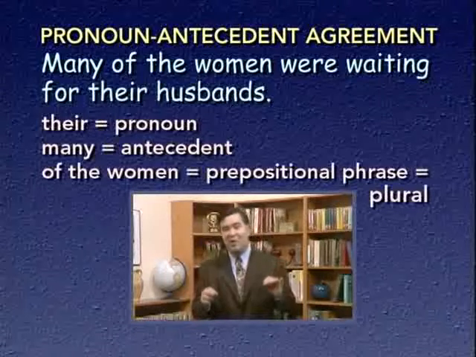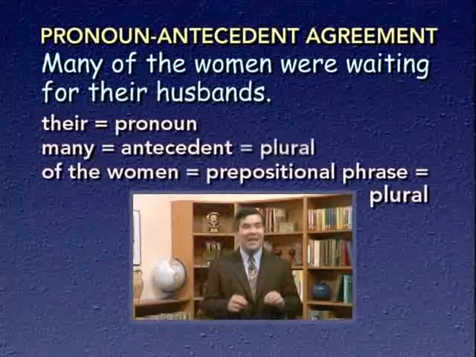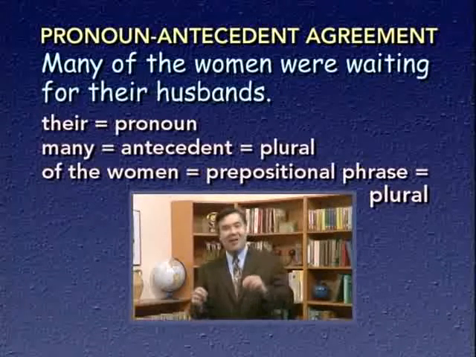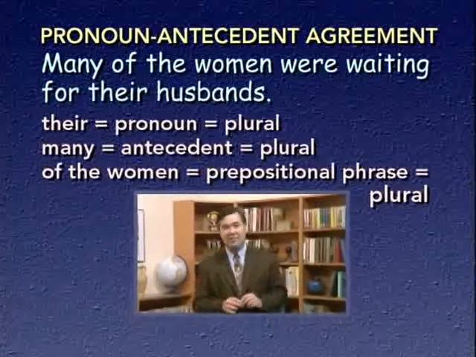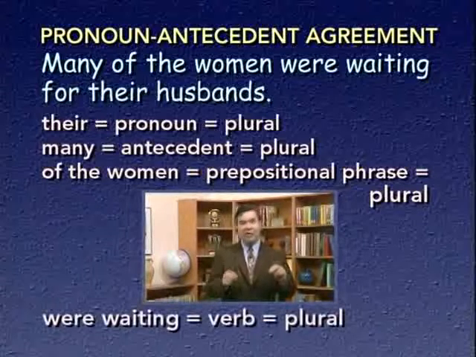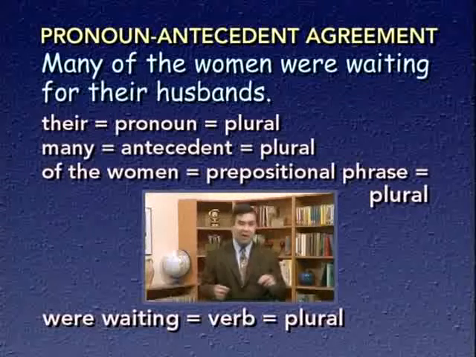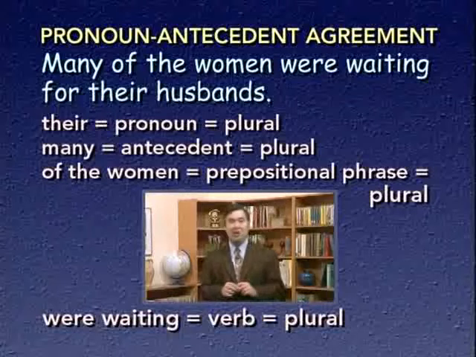Therefore, the SANAM pronoun many is also plural, and their, the pronoun that refers back to many, is also correct. Many is plural, the verb were waiting is plural, and their is also plural. All these three match together, and therefore the sentence is perfectly correct.